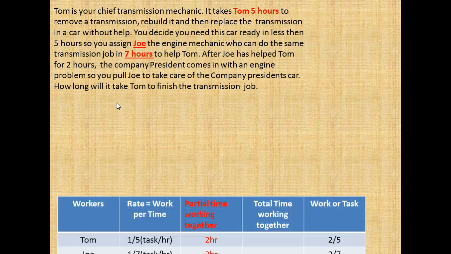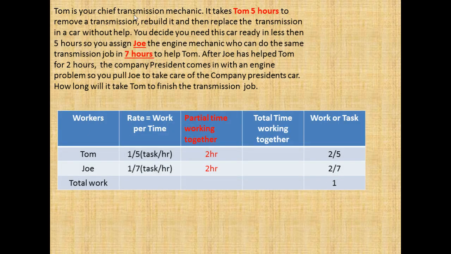All right. So let's draw a table. And from our problem, we have workers, Tom and Joe. We have a rate: Tom can complete the entire job in 5 hours, so per hour he gets 1/5 of the task done. And Joe can do the entire job in 7 hours, so he can complete 1/7 of the task per hour.